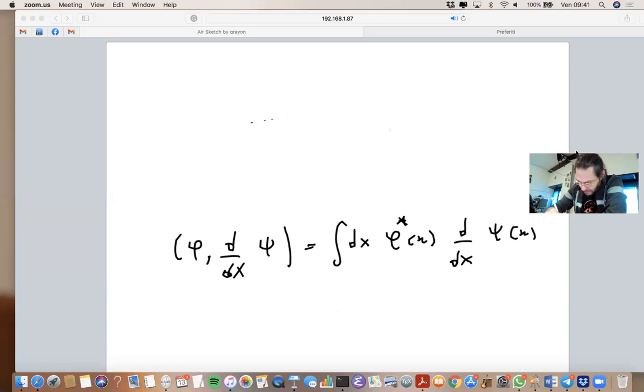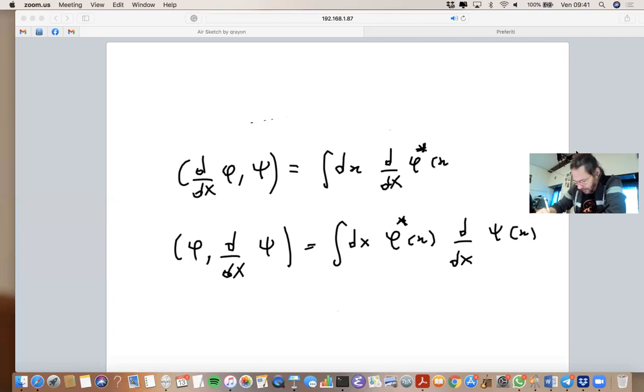So let's look. This would be d by dx of phi star of x, and then psi of x. Now the question is, are they the same? And actually the answer is no, because I can use integration by parts. I can switch the derivative from here to here, but I have to change sign.